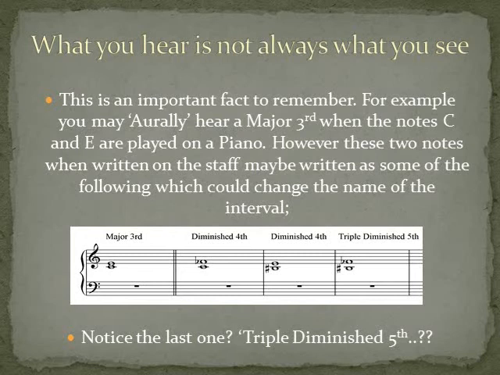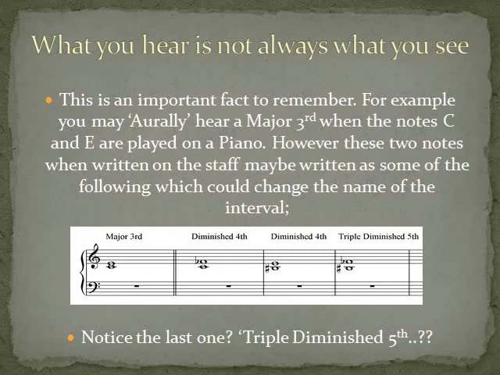Okay, so for example, when you look at this here, if we've got, as in the first one, C to E, you would hear a major third, and you would give that as a major third. However, when it's written down, sometimes the note E, if you look along one bar, might be called F flat.